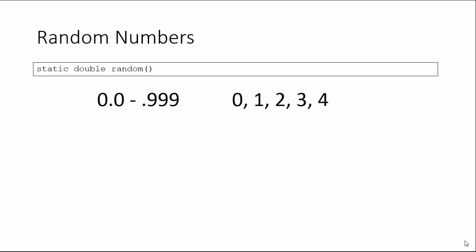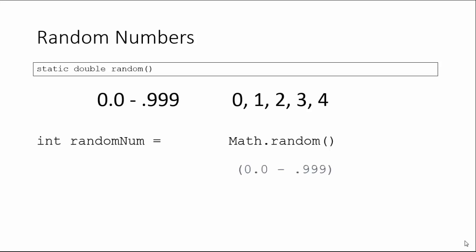So let's do an example where we generate either a 0, 1, 2, 3, or 4. First I'll declare an integer variable called randomNum. Then I'll run the Math.random method. This will give me a number between 0 and 0.999. The smallest number I can get is 0, and the biggest number I'll get is 0.999. I can get any decimal value in between. I'll multiply my result by 5.